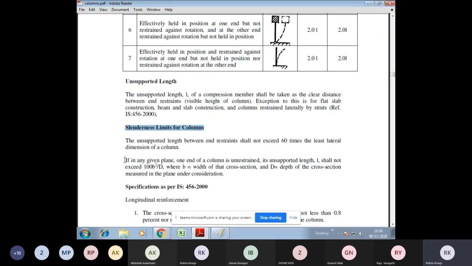And if in any given plane one end of the column is unrestrained, its unsupported length shall not exceed 100 b square by d, where b is the width of the cross section and d is the depth of the cross section measured in that plane under consideration. So depending upon these cases we can decide the slenderness limits, and this is there in clause 25.3.